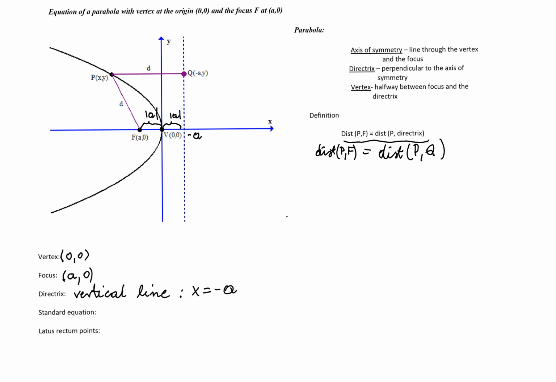Since points P, F, and Q are points in a coordinate system, we can use the distance formula to express those distances in algebraic terms.